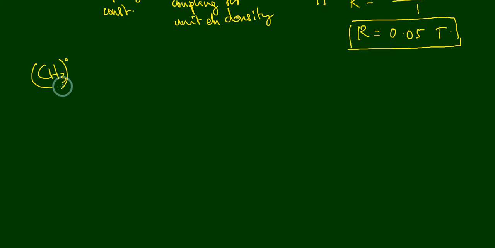How many are there? 3 hydrogen nuclei, therefore n is equal to 3. So n plus 1 is equal to 3 plus 1, that is 4. It means that the ESR spectrum generated due to this electron will be split into a quartet. Therefore, if you are observing the hyperfine structure of the methyl radical, you will see a quartet, and it will be like this.